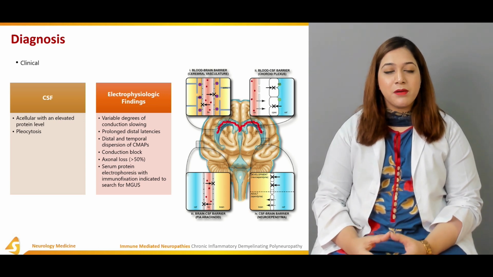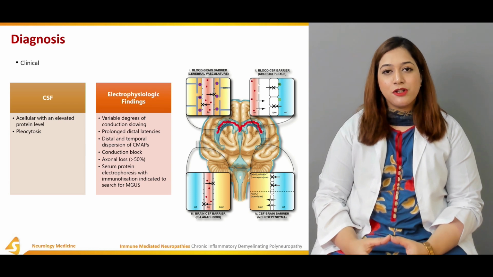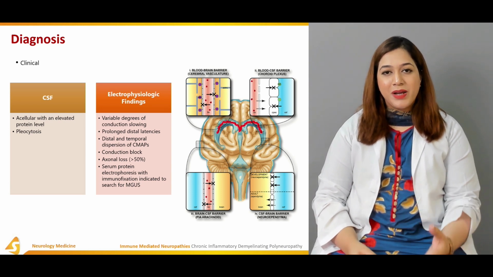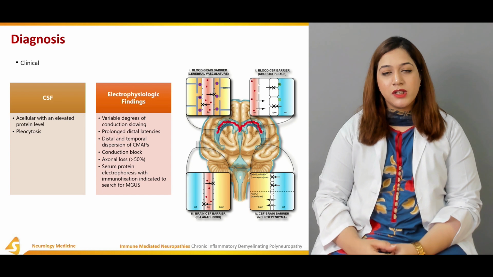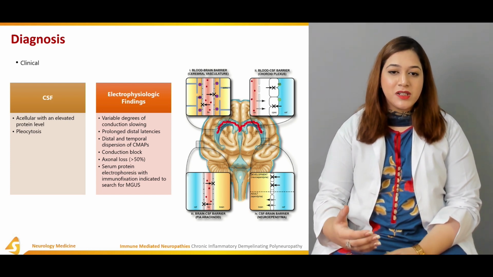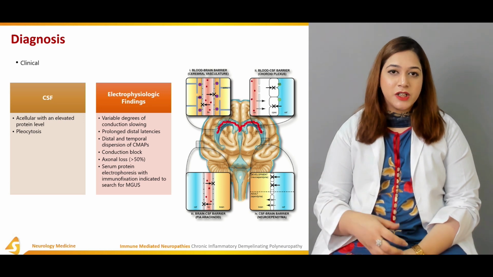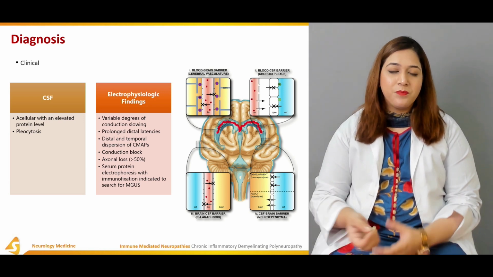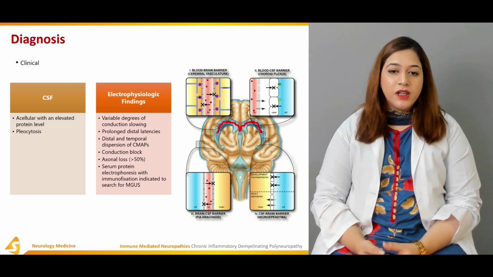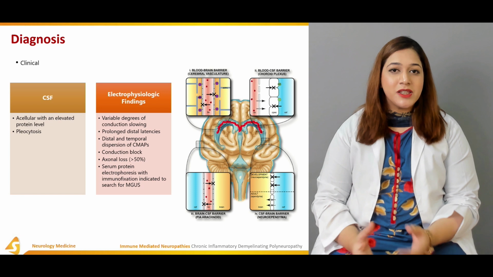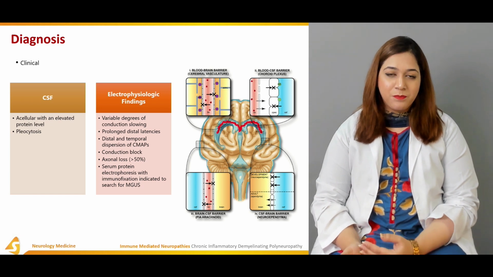Whenever there is patchy demyelination, it also affects the conduction of signals across the neurons. Some of the signals will reach their intended target sooner, and some of them will reach later.